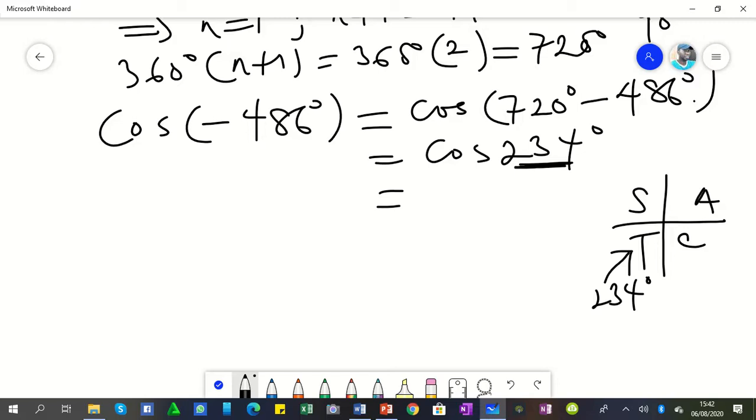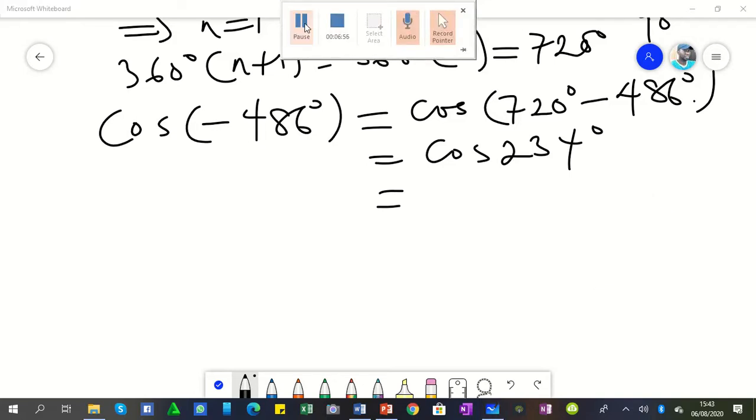We know that the parameter for the third quadrant is the given angle minus 180 degrees. So in the third quadrant, we subtract 180 from the given angle. So we should have it as cos of 234 degrees minus 180 degrees.